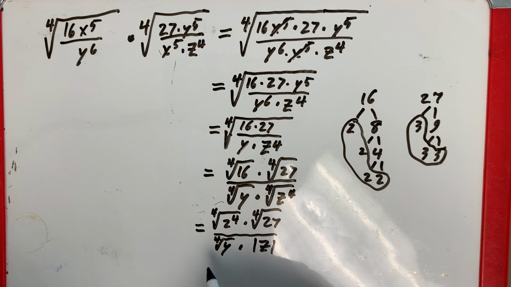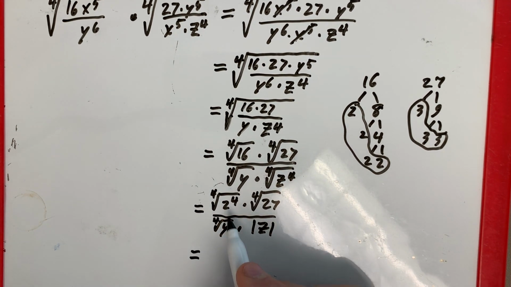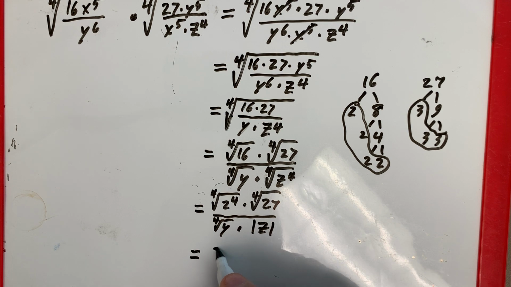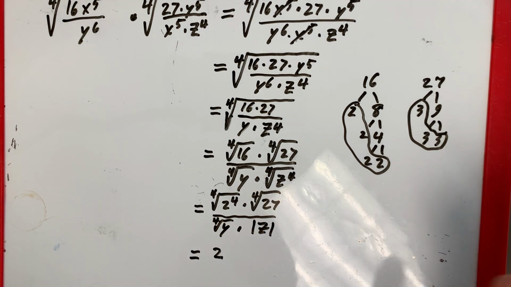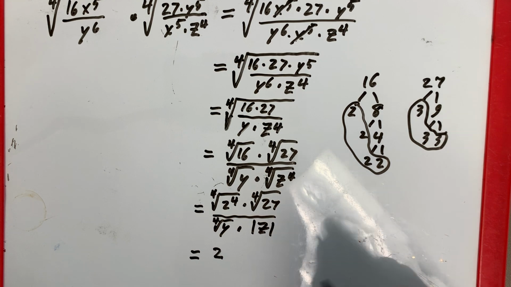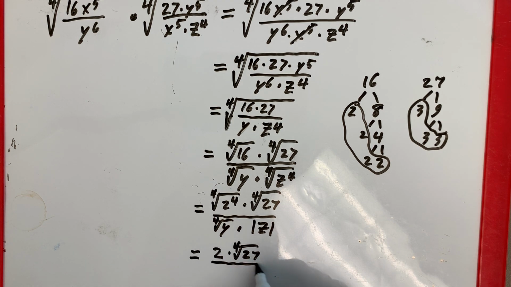Okay, continuing on, this gives us what? So we have 2 to the 4th rooted. That's just 2, because the 4th cancels the 4th root. And since 2 is positive, we don't need to put absolute value bars on 2, because absolute value of 2 is just 2. So we have 2 times 4th root of 27, all over the 4th root of y times absolute value of z.